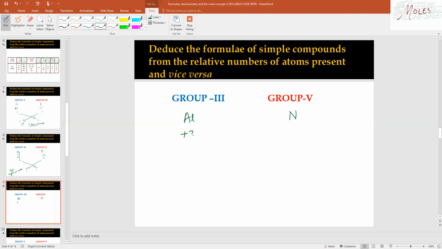Let me write their valencies, ignoring their charges, swapping and simplifying, we'll get this. The final formula would be AlN. And the name is aluminium nitride.